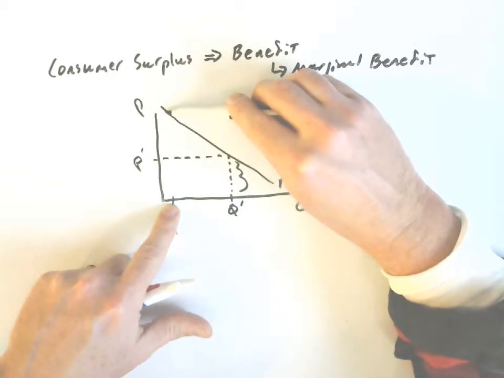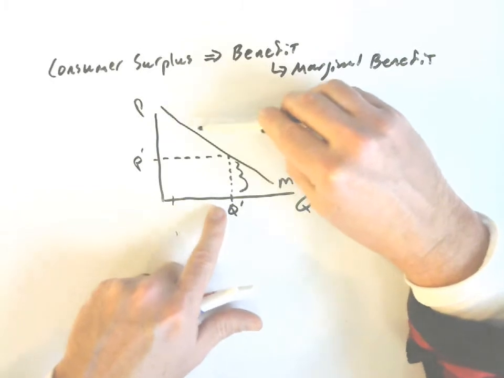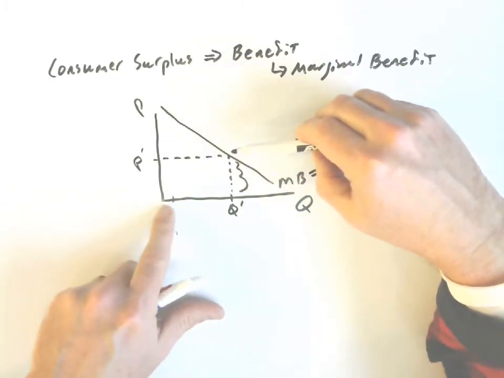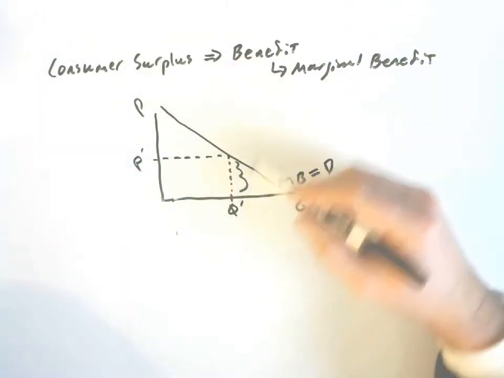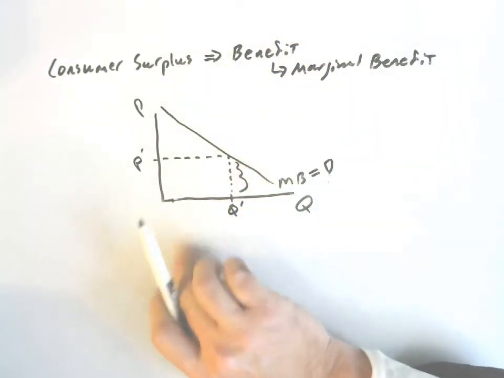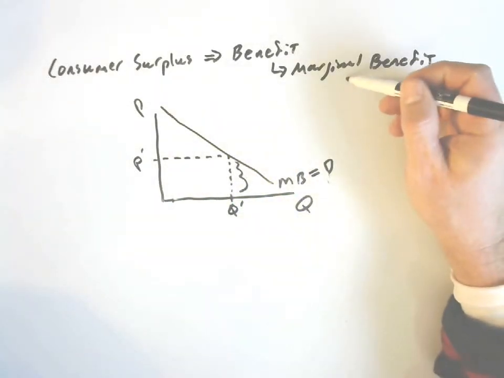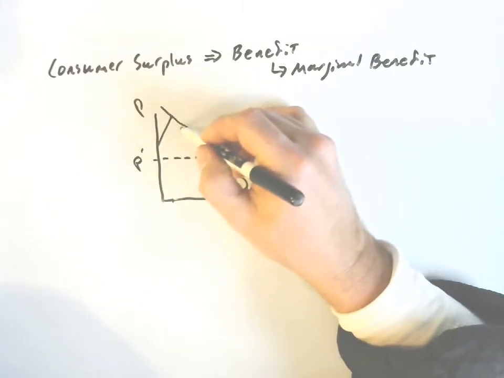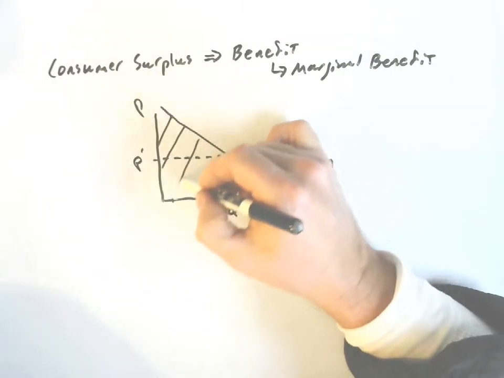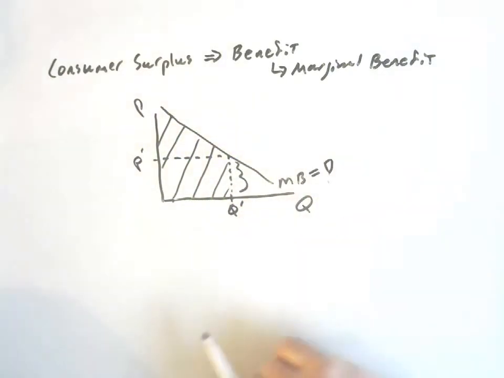The amount of benefit I get from the second unit is equal to the distance of the horizontal axis up to the marginal benefit curve, etc., all the way down to the Q primed unit. Then it makes sense that the total benefit I get from the consumption of all Q prime units must be equal to the sum of the marginal benefits. In other words, this area here is my total benefit from the consumption of Q prime units.